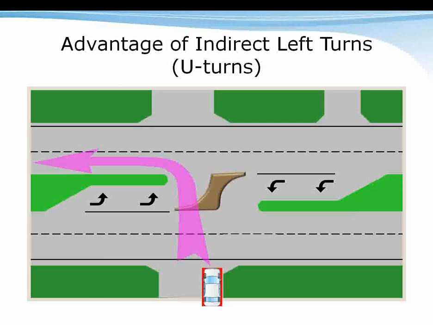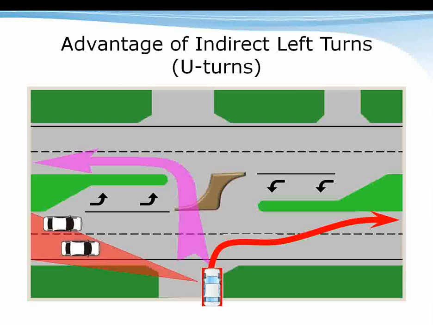But because we have directional median openings, that vehicle must turn right. And you see the cone of vision here for them, and that cone of vision is a fairly narrow one. So this is the cone of vision that they need to look at to see when they can turn right and then weave across 1 or 2 lanes.